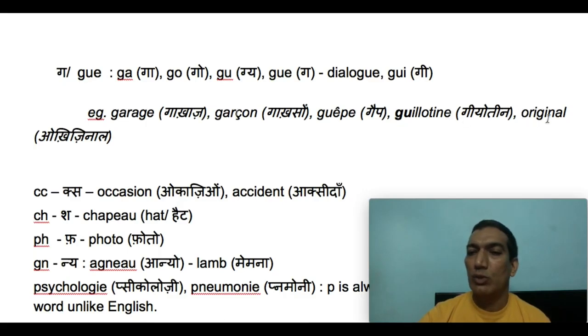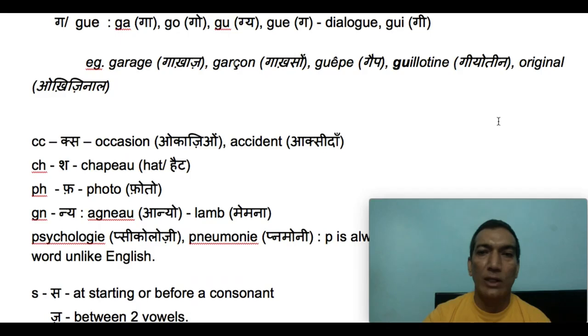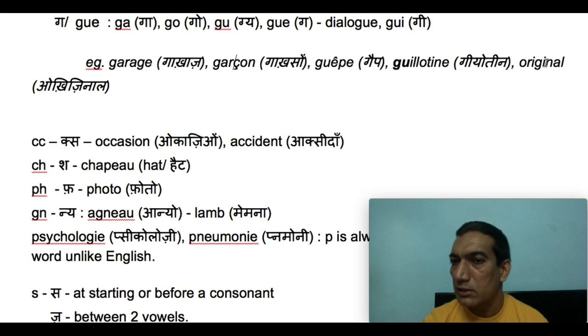Then the next word is original, which means original, the same word as in English. In French we don't make some of the vowels silent as in English, but we have to pronounce every vowel, like original.